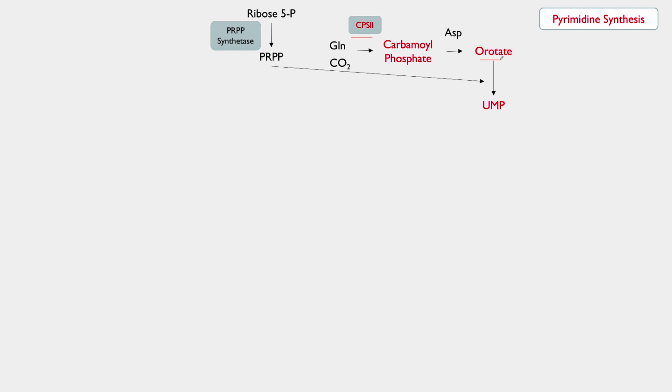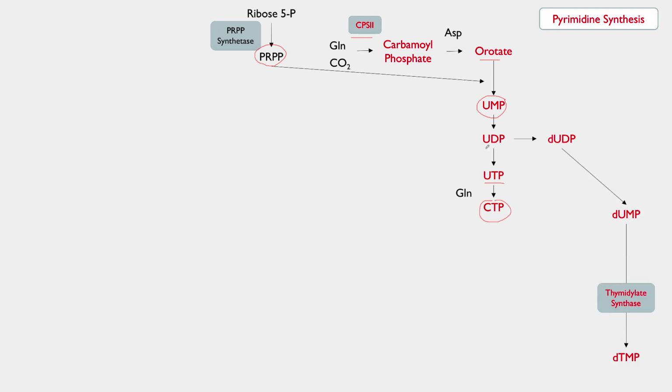From orotate, we then add our 5-carbon activated sugar, PRPP, to generate uridine monophosphate, or UMP. From here, we can undergo phosphorylation to UTP and conversion to cytidine triphosphate.